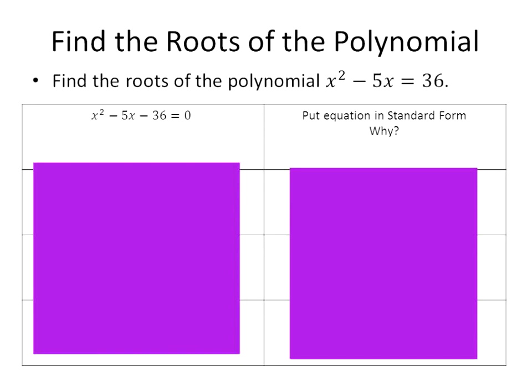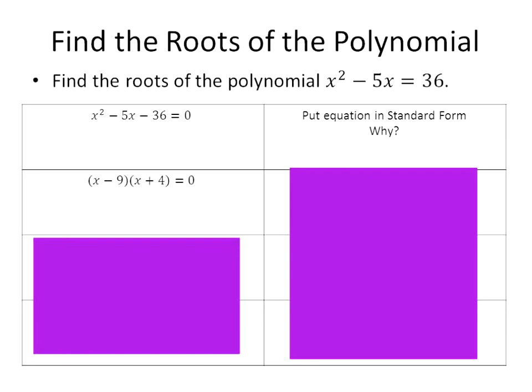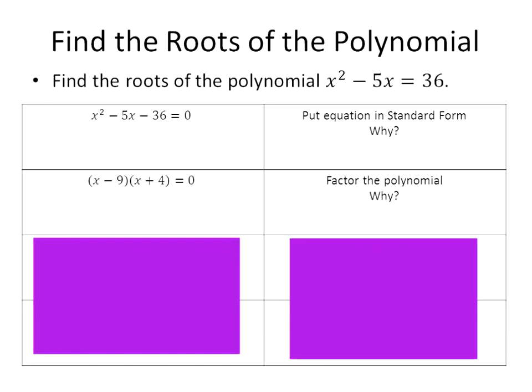Okay, so we've got 9 and 4, and one of them has to be negative. Since our 5 is negative, we want the bigger one negative, so that's going to be negative 9, like was mentioned. So we got negative 9 and positive 4, and we do that because we factored.